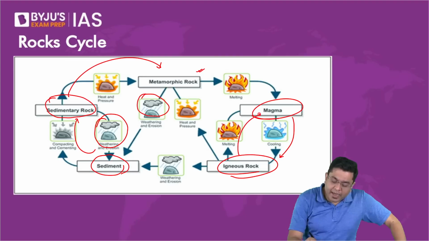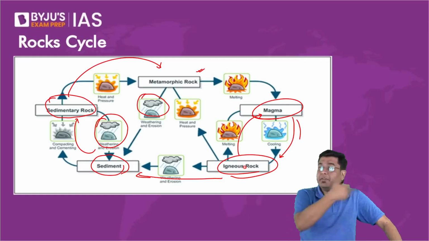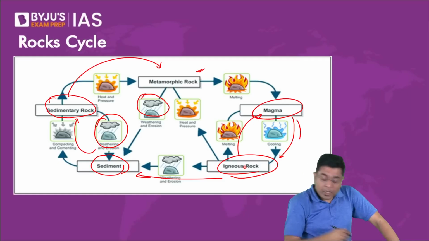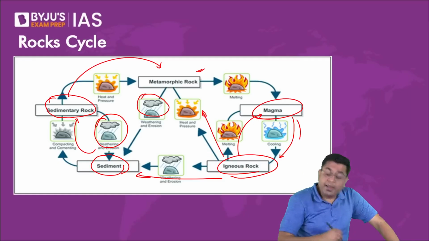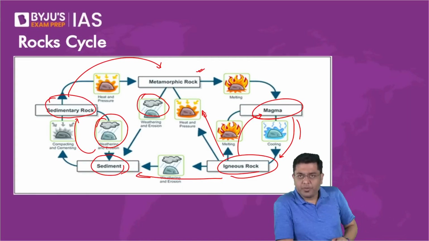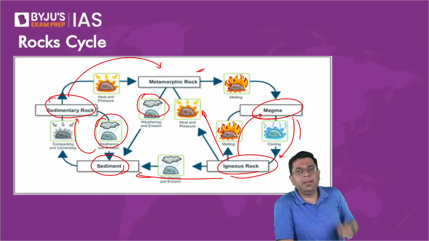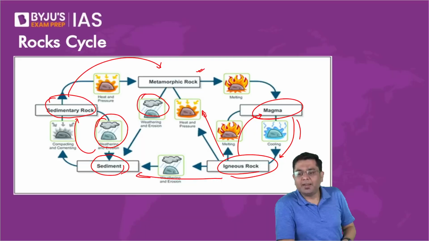That igneous rock can again undergo the same process, or it can break into sediments, leading to formation of a sedimentary rock, or that igneous rock under high amount of compression or heat can change into metamorphic rock. So what this tells you is that any rock type, when it is exposed to different conditions, it can always change from one type to another. That is what the rock cycle is.